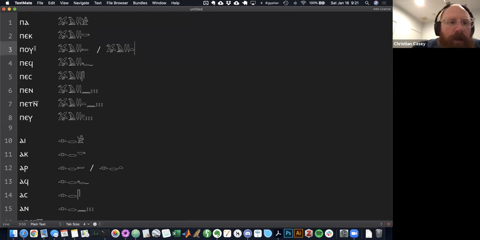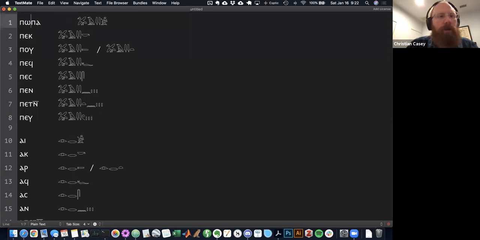So in the case of poo, there's a few things to try to explain here. One thing that I would want to include in this is the fact that this word probably had an A vowel in it. And we can see that. So, you know, this is the pre-nominal form of this word. There's also an independent form that I'm totally going to get wrong when I try to write it out because I never write it.